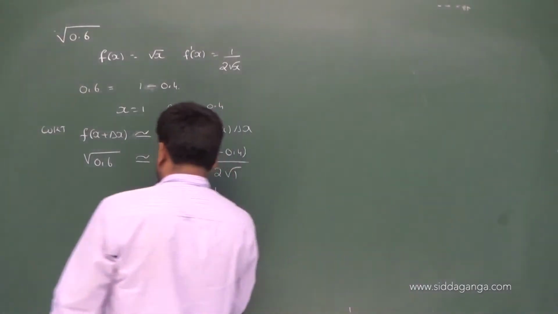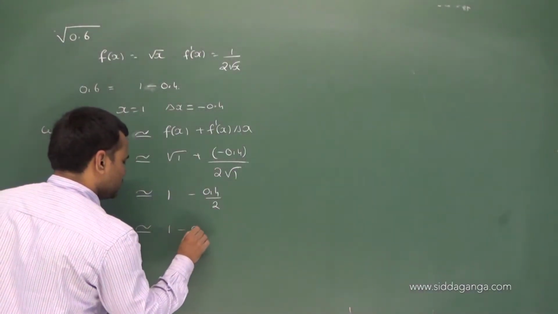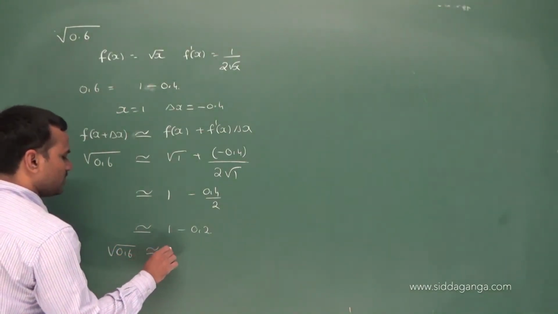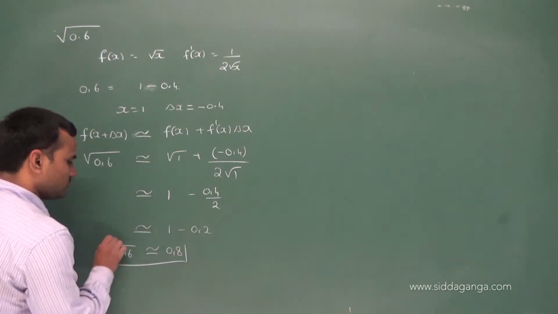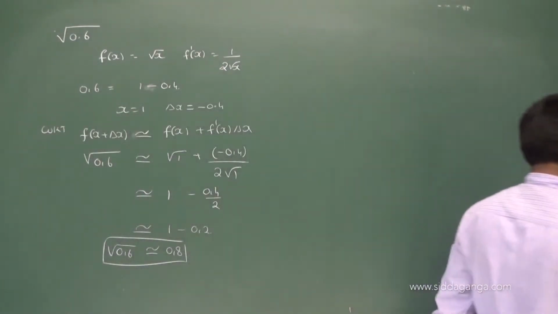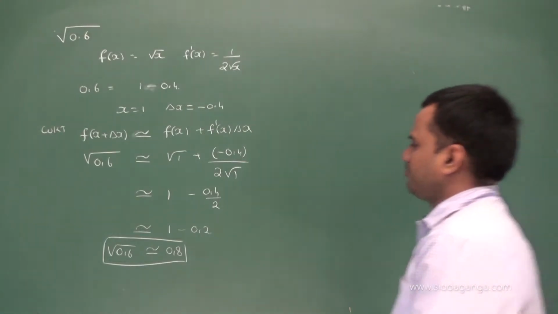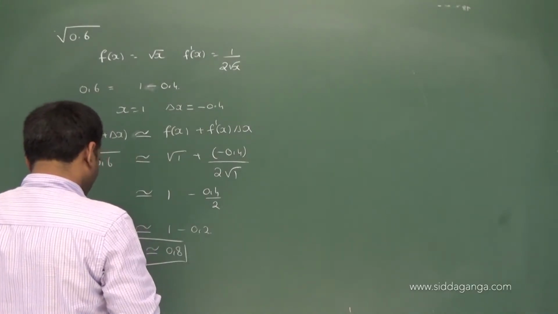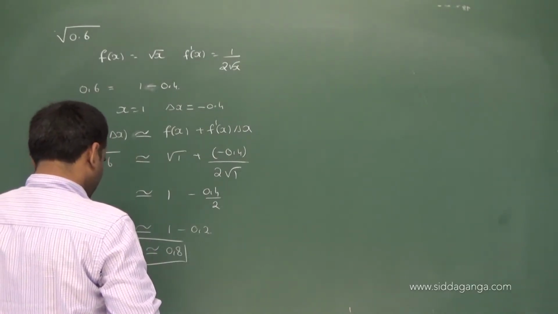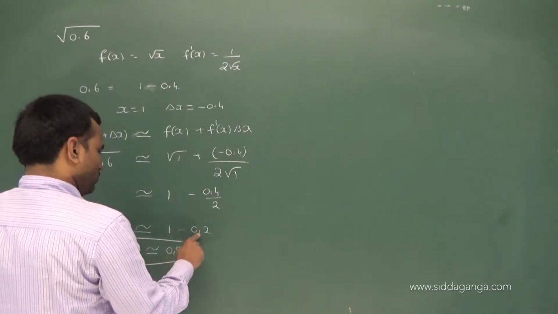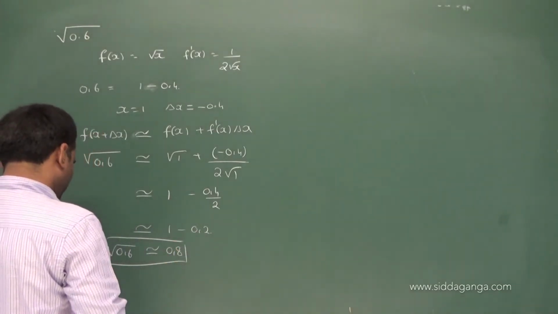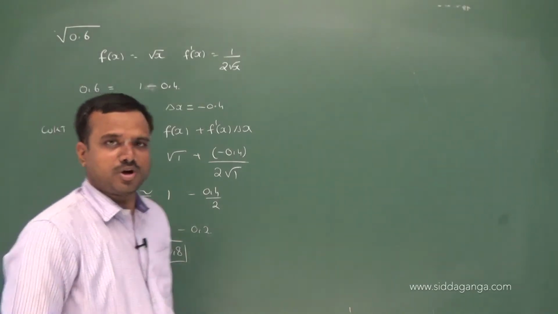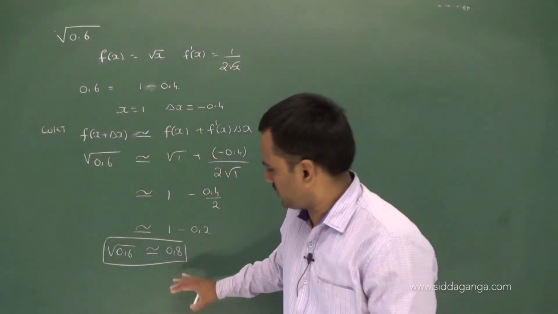So 1 approximately equal to 1 minus 0.2. Square root of 0.6 is approximately equal to what? 0.8. 1 minus 0.1 divided by 0.4, 0.4 divided by 2 is equal to 0.2. 1 minus 0.2, 0.8, approximately equal to what? 0.8.